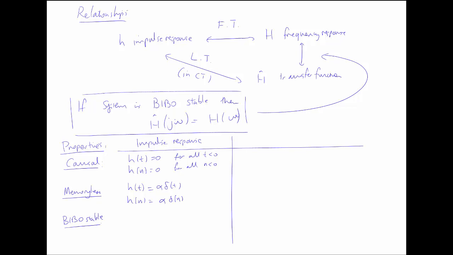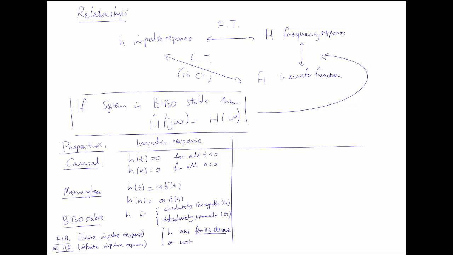It's BIBO stable if the impulse response is absolutely integrable in continuous time and absolutely summable in discrete time. We've got one property I didn't mention before: in discrete time we think about having finite impulse response or infinite impulse response, depending on whether h has finite duration or not.